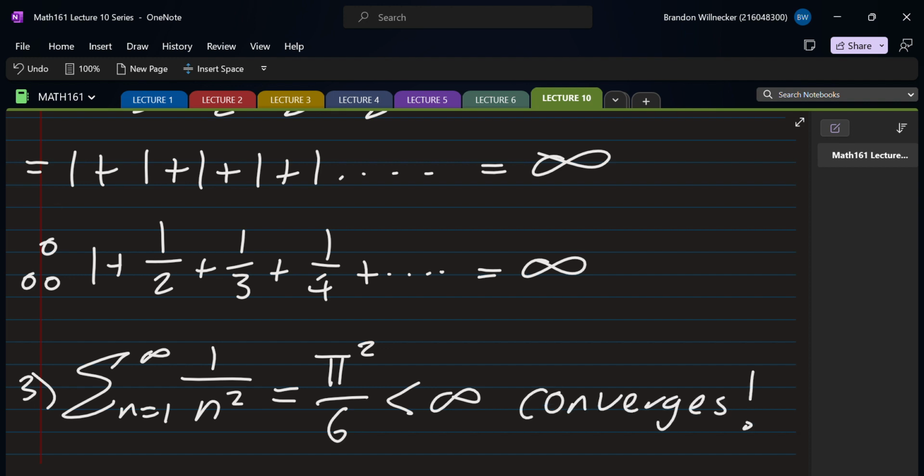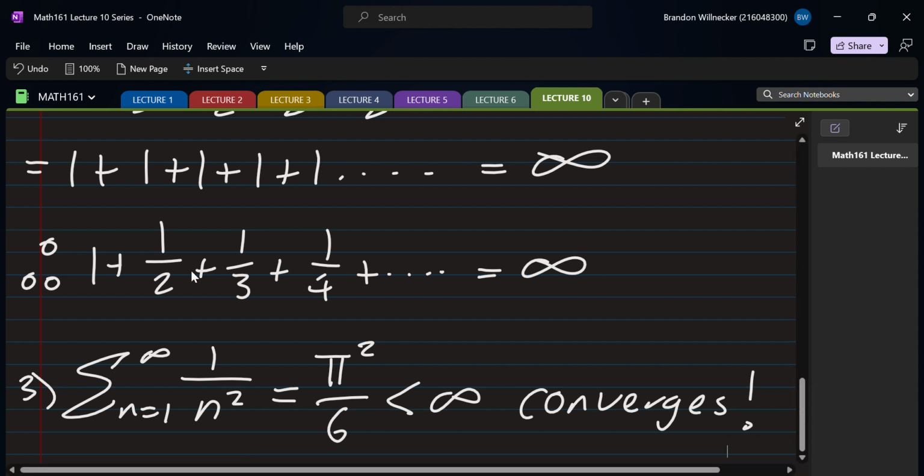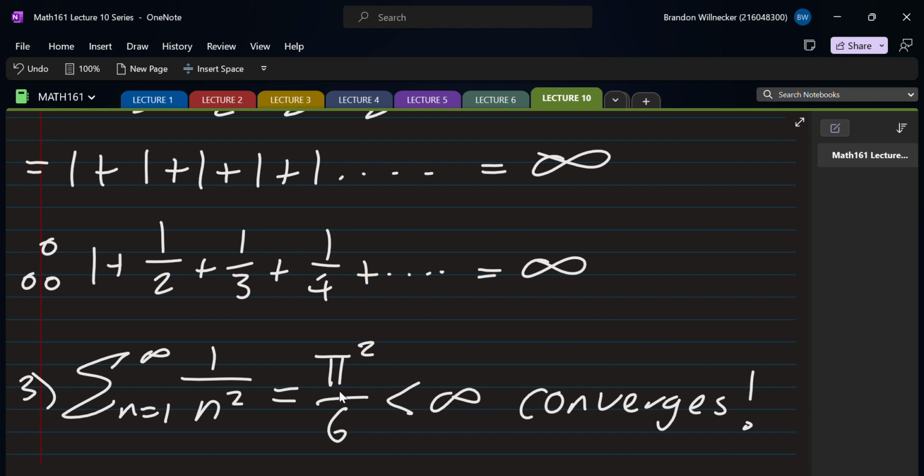Okay. So for most of these series, we're not interested in the exact value. All we're interested in is, does it diverge to infinity or does it converge to something finite? So most of the time, we're not going to find what that value is, but we will show if it is finite or not.